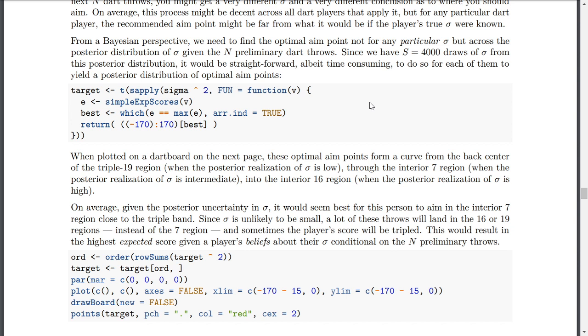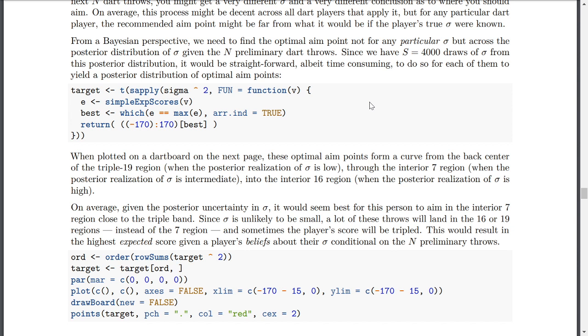The correct thing to do from the Bayesian perspective is to put the whole posterior distribution into the optimizing procedure, get a distribution of optima, and average over that to get what gives you the highest expectation, not given your true sigma, but what you believe your true sigma to be based on the posterior distribution, conditional on however much data you have.